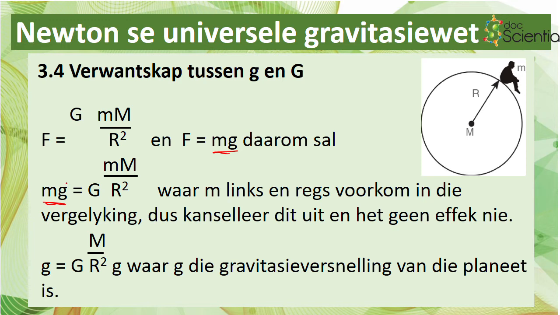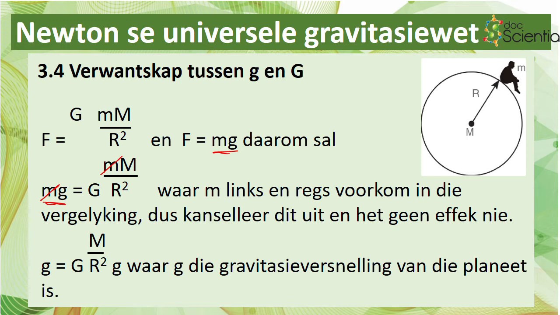Because once we have substituted our known value for F, we can say that the mass of the object doesn't matter. Do you see they cancel out? Met ander woorde, ongeag die voorwerp wat ons by die venster uitgooi, sy gravitasieversnelling gaan 9,8 wees.